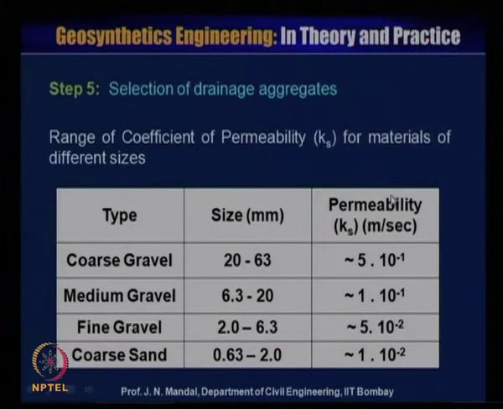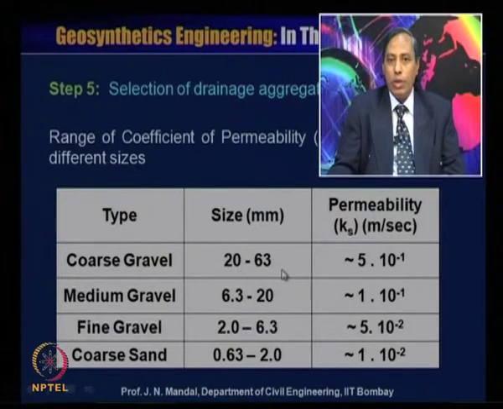Step 5: selection of the drainage aggregate. The range of coefficient of permeability Ks of materials of defined sizes is given. If it is coarse gravel of size 20 to 63 millimeter, the permeability will be 5 into 10 to the power minus 1 meter per second.